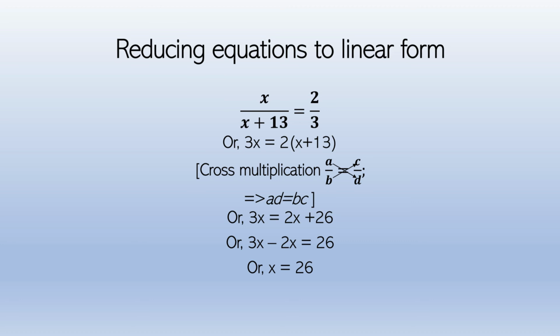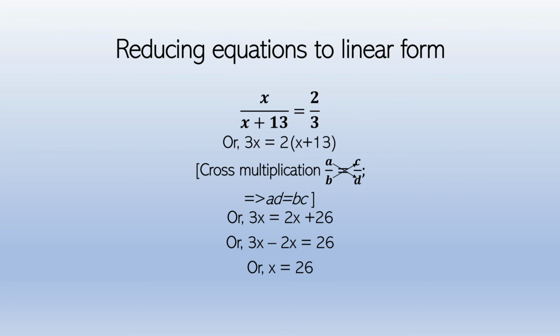After finishing all the methods, I want to tell you one thing. When solving equations, you can cross-check your answer. How? Here you get x equal to 26. Now you put the value of x in the equation and cross-check your answer.